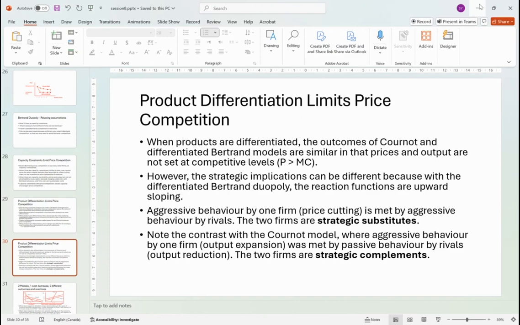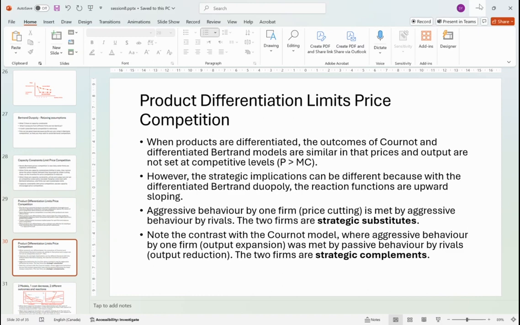Because the market size is fixed, and when one firm increases its market share, there would be less demand left for the other firm, right? So these two would move in the opposite direction. One firm increases the quantity produced, the other firm has to decrease the quantity produced, right? And that's why the best response functions we discussed are downward sloping, right?